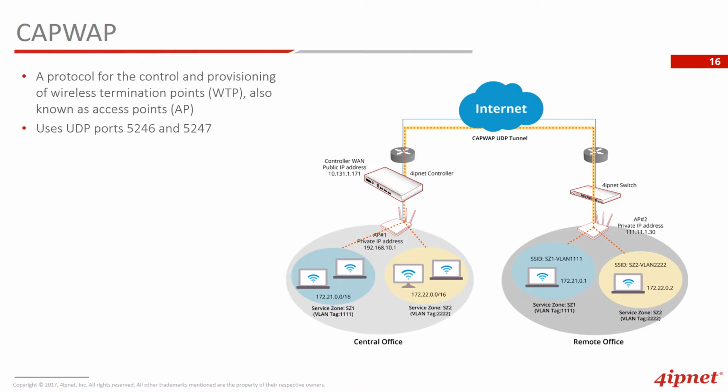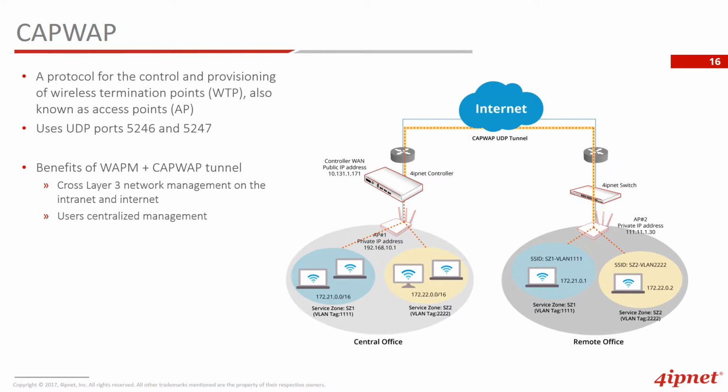Therefore, via an established CAPWAP UDP tunnel, the WHG controller at the central site can easily manage the APs at the LAN side or the APs at different locations, no matter how far they are. To briefly recap, the benefits of WAPM with a CAPWAP tunnel include cross-layer 3 network management on the intranet and internet, centrally managed users, and the ability to perform centralized traffic management.